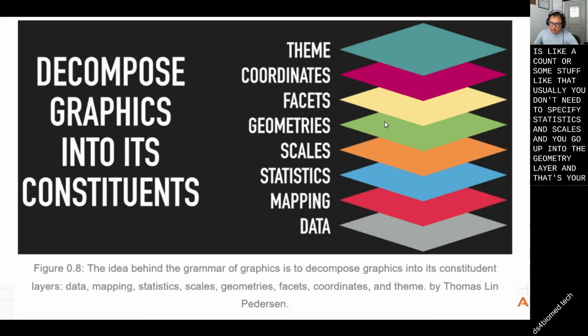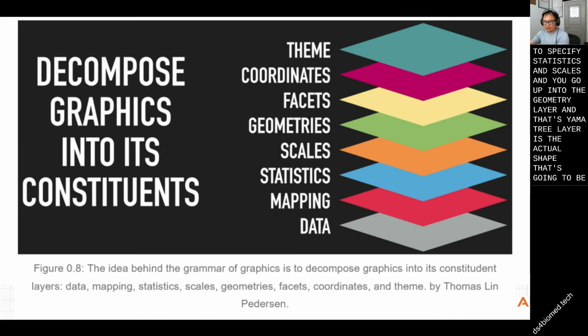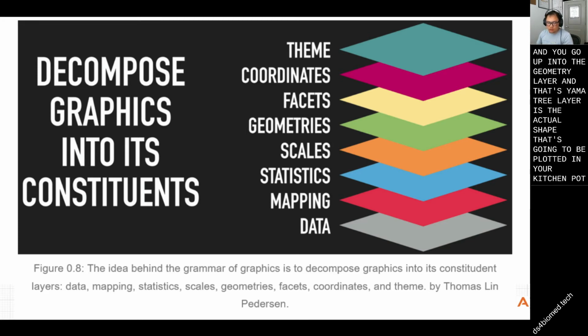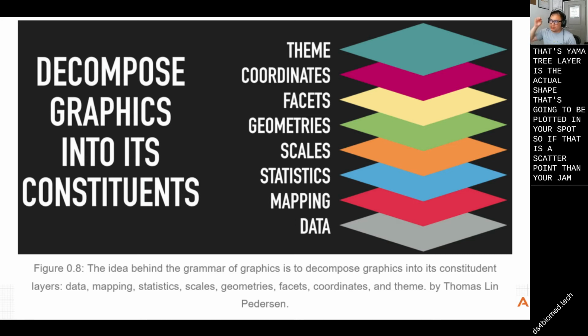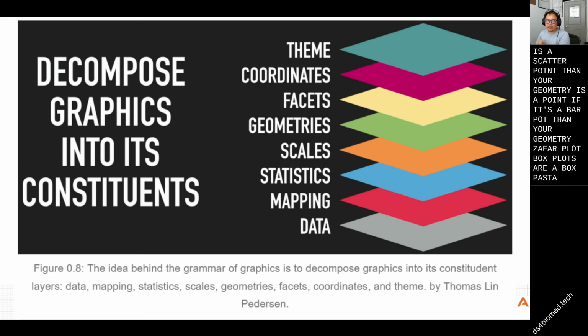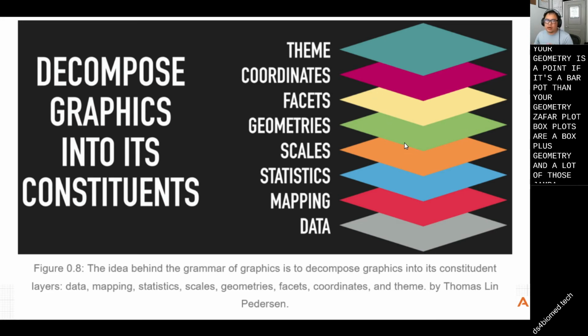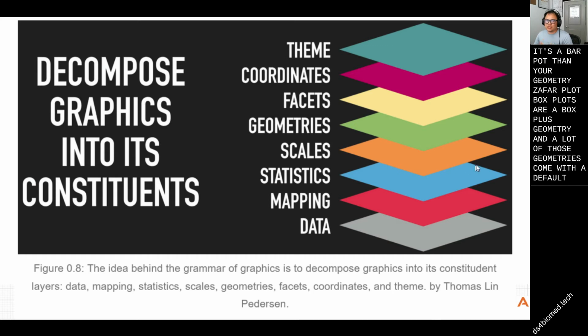And that geometry layer is the actual shape that's going to be plotted in your ggplot. If that is a scatter point, then your geometry is a point. If it's a bar plot, then your geometry is a bar. Box plots are a box plot geometry. A lot of those geometries come with a default set of scales and statistics.